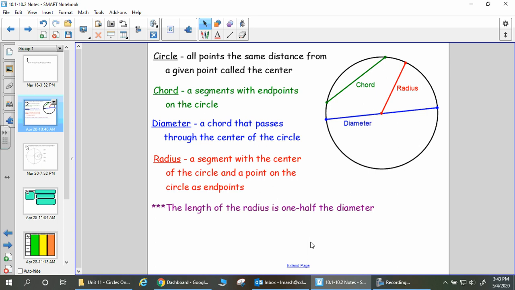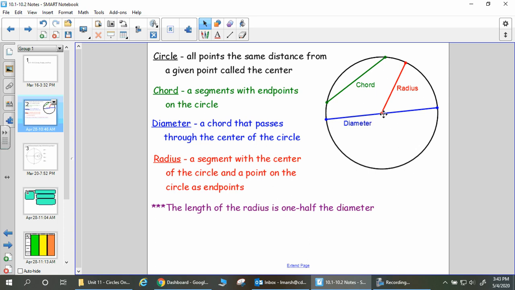A chord is a segment with endpoints on the circle, and hopefully you can see I kind of color-coded things for you. A diameter is considered a chord, but it is the one that specifically passes through the center of your circle. And a radius is a segment that has the center of the circle and a point on the circle as endpoints. So the radius is 1/2 the diameter.